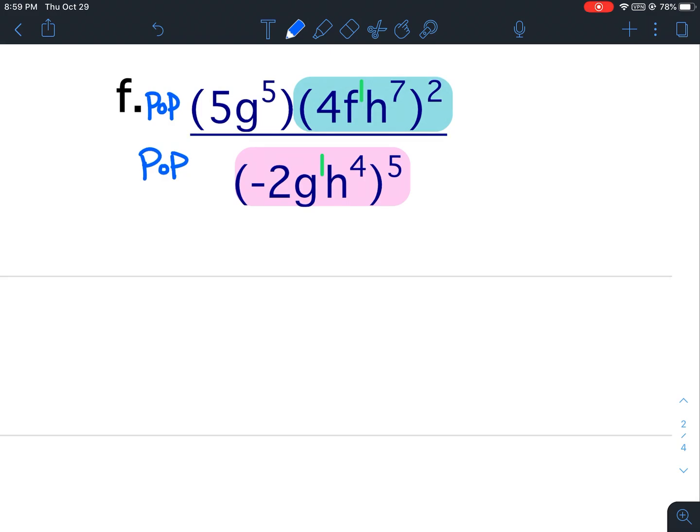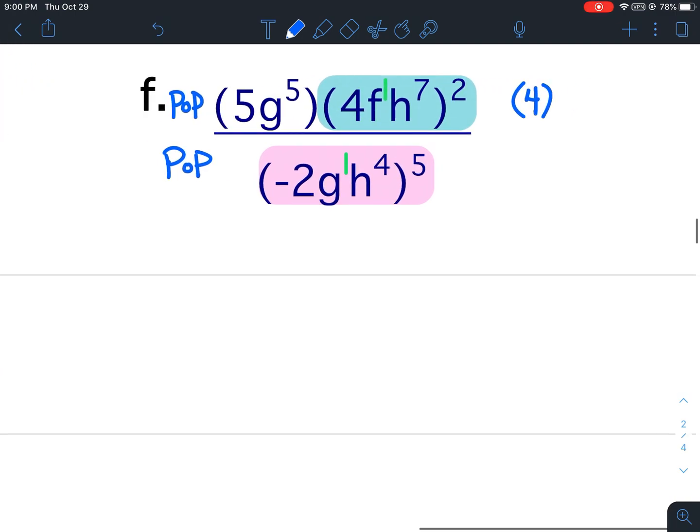I'm going to write over here my coefficients raised to the exponent. So for the top one in the numerator, that's going to be 4 to the second power. The denominator is going to be negative 2 to the fifth power.